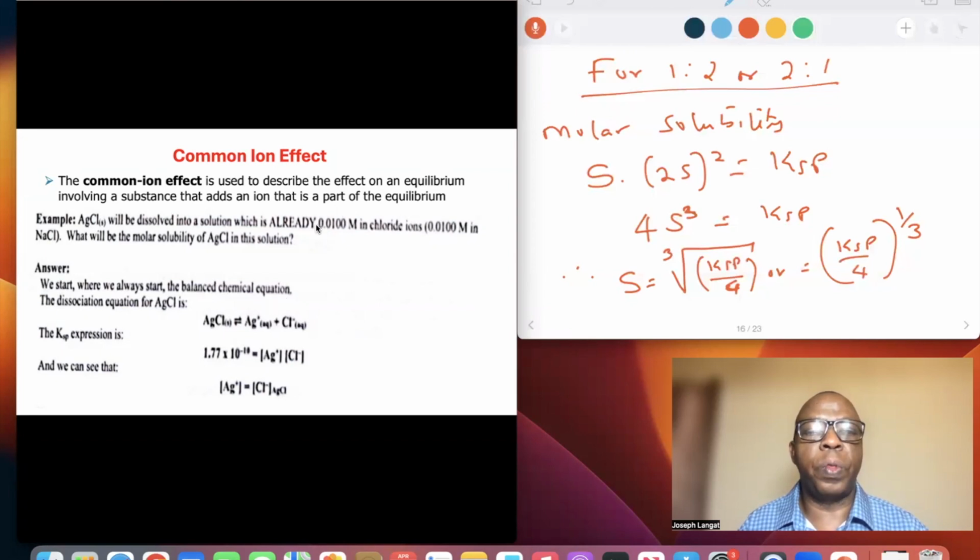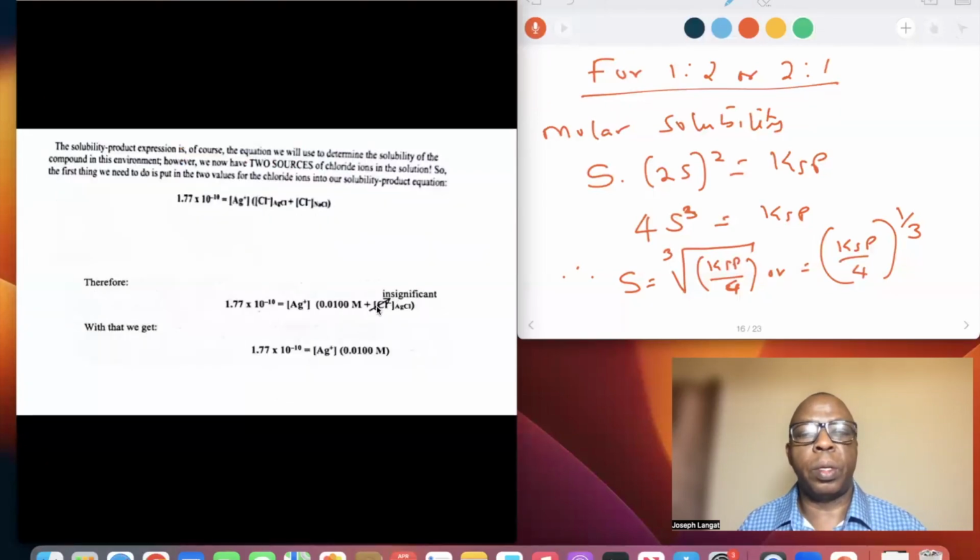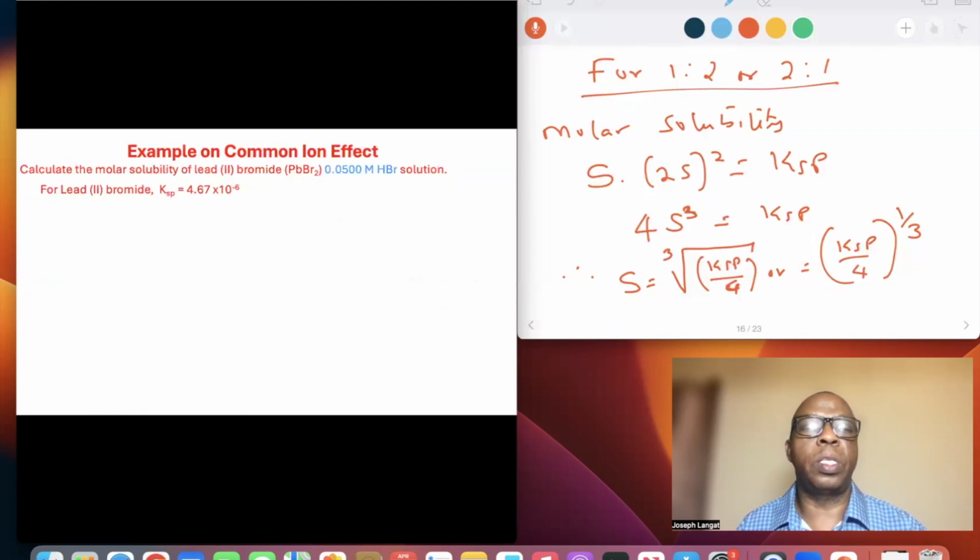We account for the chloride from sodium chloride when calculating the molar solubility, and look at how the chloride from silver chloride is negligible. The one from the other source is used to find the molar solubility, which is way less than if it was just in pure H2O. You'll use this approach to determine the molar solubility of calcium iodide in part 2.